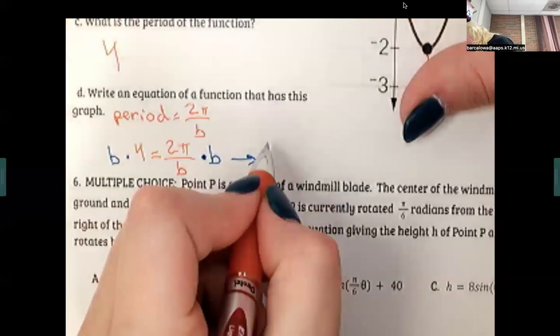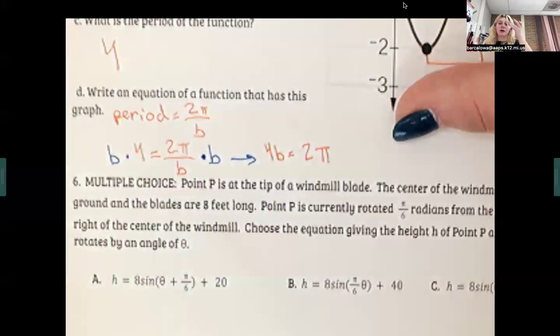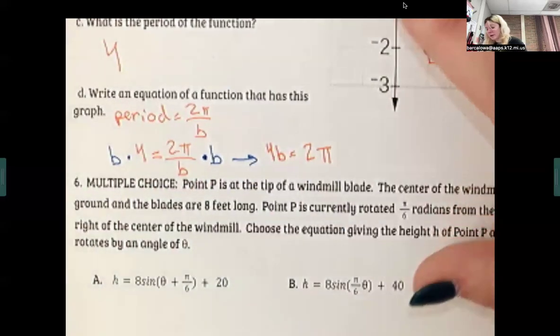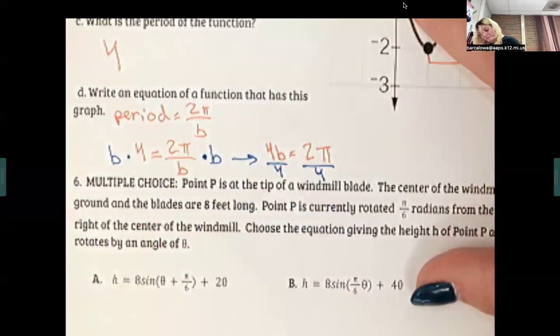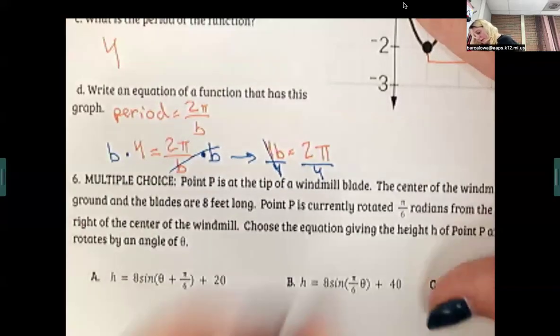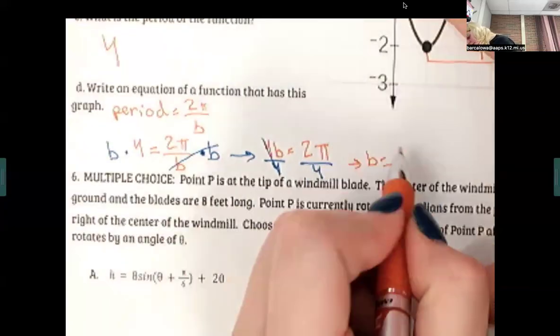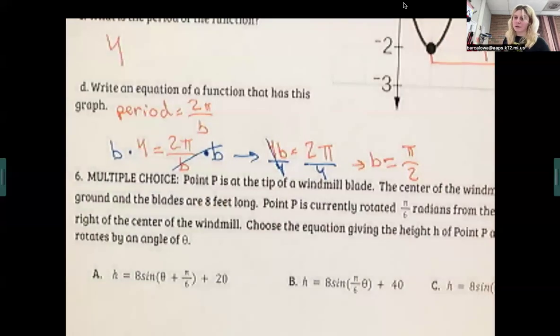Okay, and I have 4b equals 2 pi. I'm trying to solve for b. I'm trying to get b by itself. So let's divide by 4. Okay, so now I have b equals 2 pi over 4, which is the same as pi over 2. That is my b value that will go into my equation.